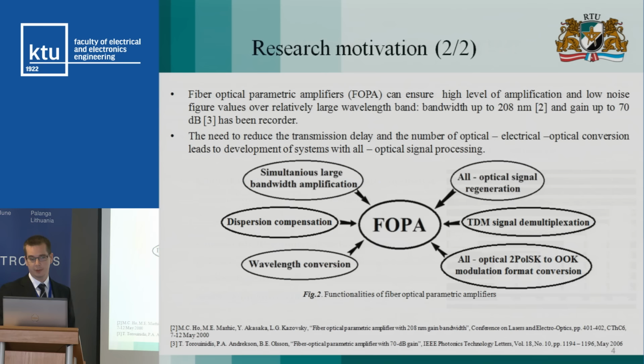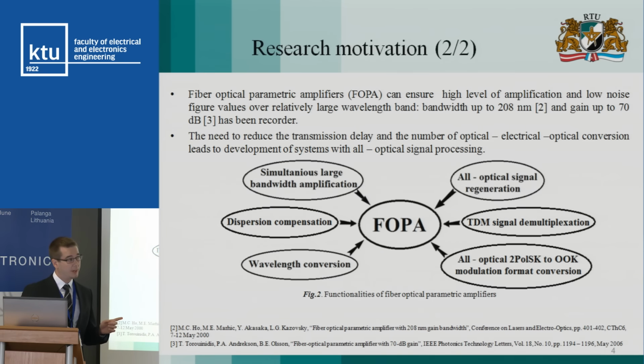This is why parametric amplifiers are a very interesting candidate, as this type of amplifier can ensure a high level of amplification over a broad wavelength band. Amplification bandwidth up to 208 nanometers and 17 decibels has been demonstrated.